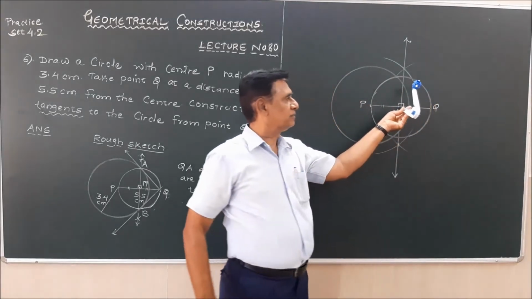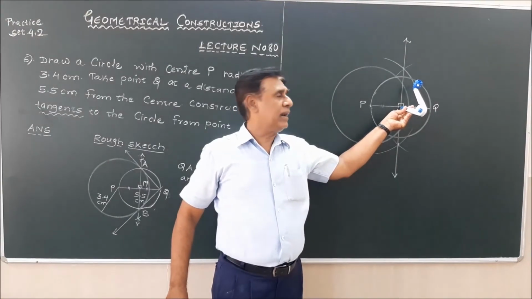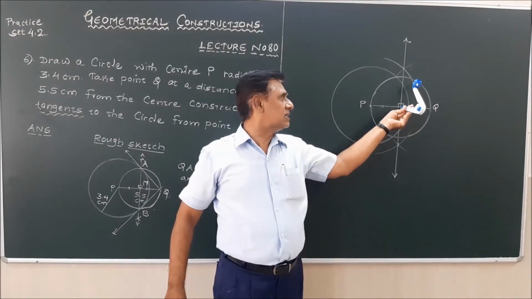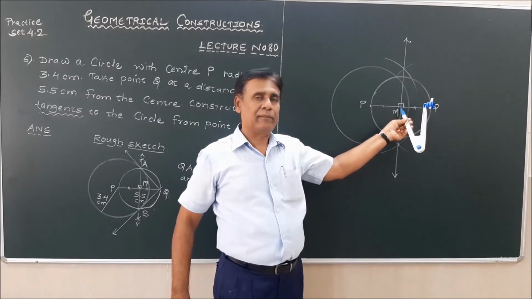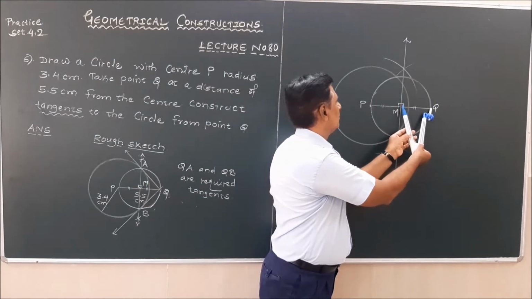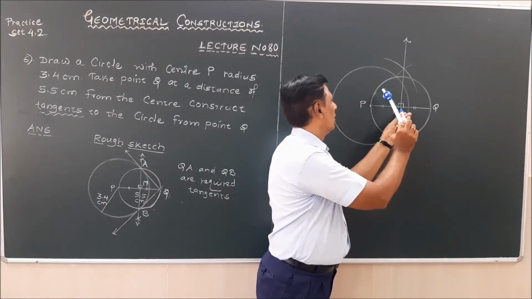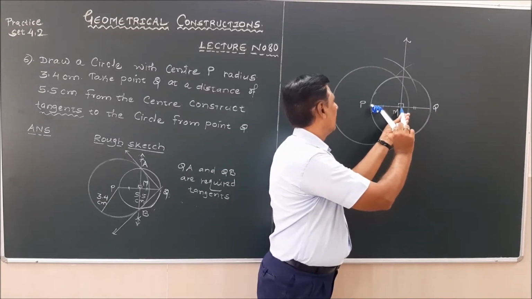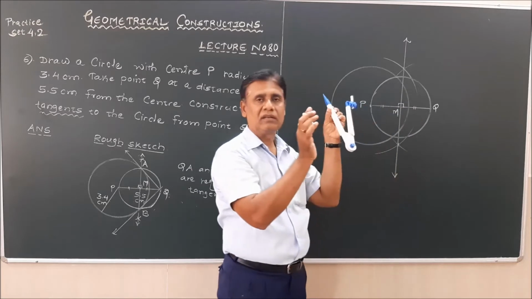See once again. Perpendicular bisector intersects PQ at M. Taking distance equal to MQ or PM, draw circle.